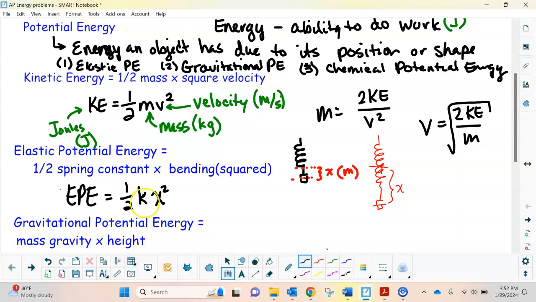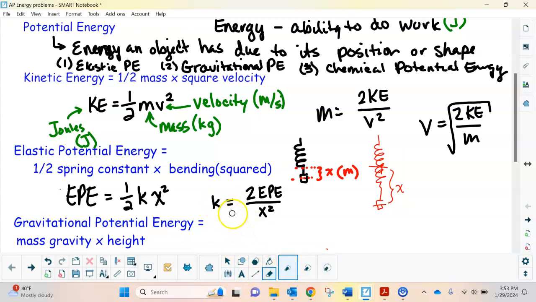I said you might also have to calculate the spring constant. So it'd be 2 times the EPE, all over x squared, and that's going to equal k. I don't need a square root for that. So it's 2 times EPE divided by x squared.